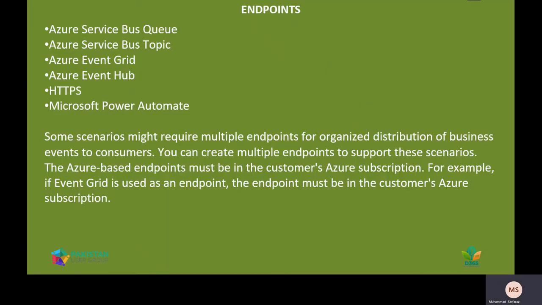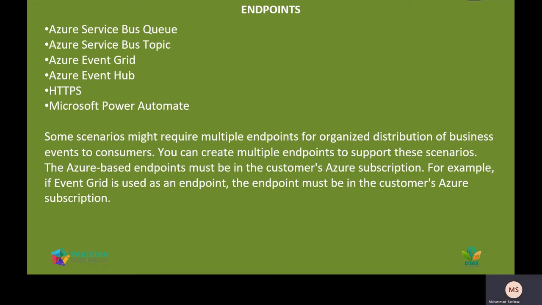Now let's move towards the endpoints a little bit. There are quite a few endpoints available, and you can add your custom endpoints to the mix as well. All the Azure messaging services are available as an endpoint. HTTPS and Microsoft Power Automate are also available as endpoints.